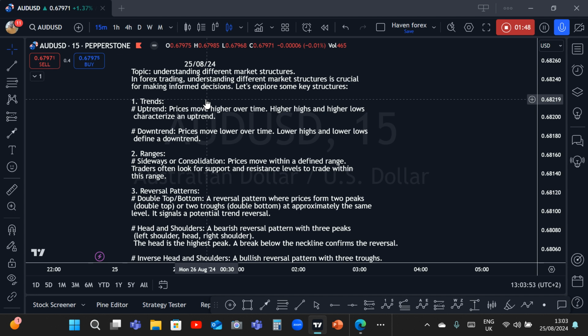At this point, let us explore some key structure because all these things are the basics, and these are what you need to deal with all through your journey as a trader. You must learn how to read structure.